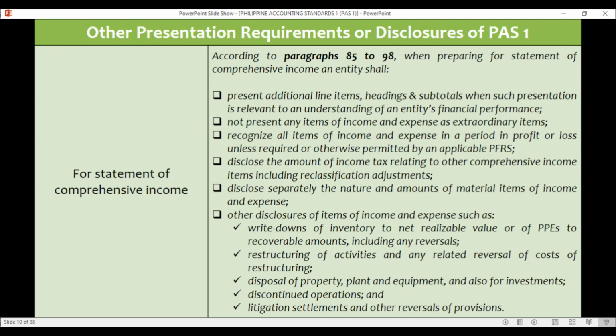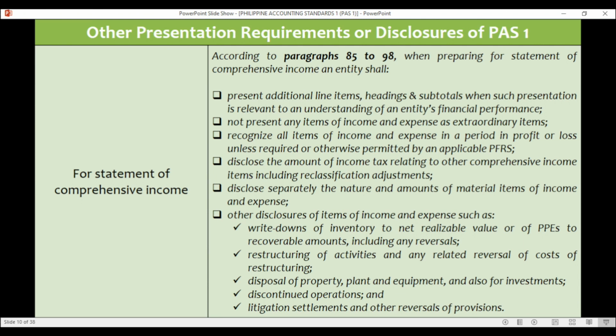For the statement of comprehensive income, according to paragraphs 85 to 98, when preparing the statement of comprehensive income, an entity shall present additional line items, headings, and subtotals when the presentation is relevant to understanding of an entity's financial performance.